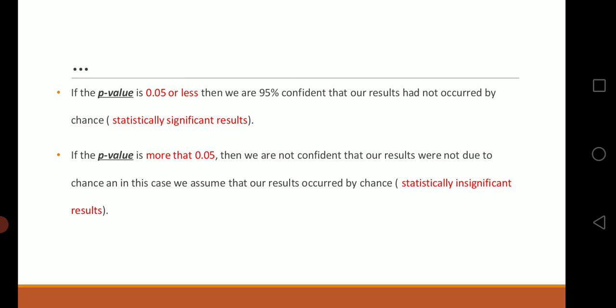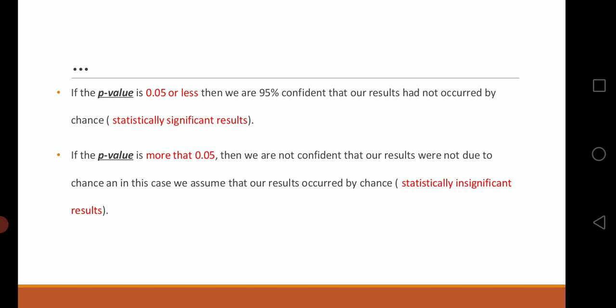Okay, if the p-value is more than 0.05, then we are not confident that our results were not due to chance, and in this case we assume that our results occurred by chance and we say that there is a statistically insignificant association or insignificant results.